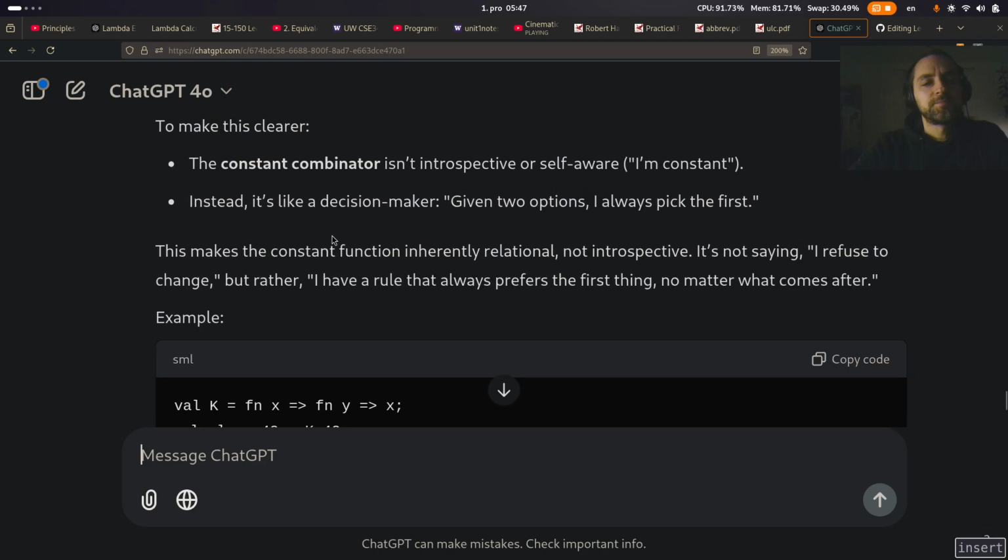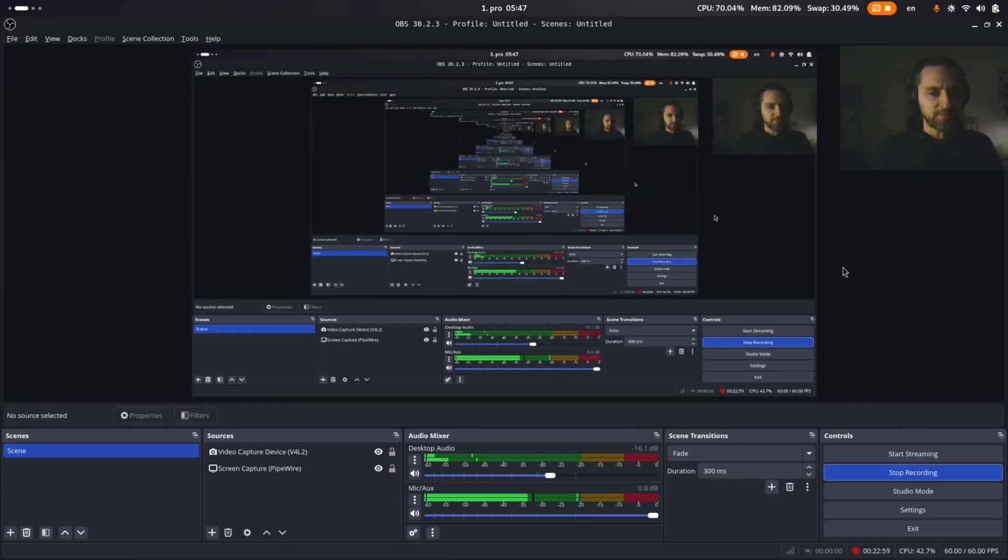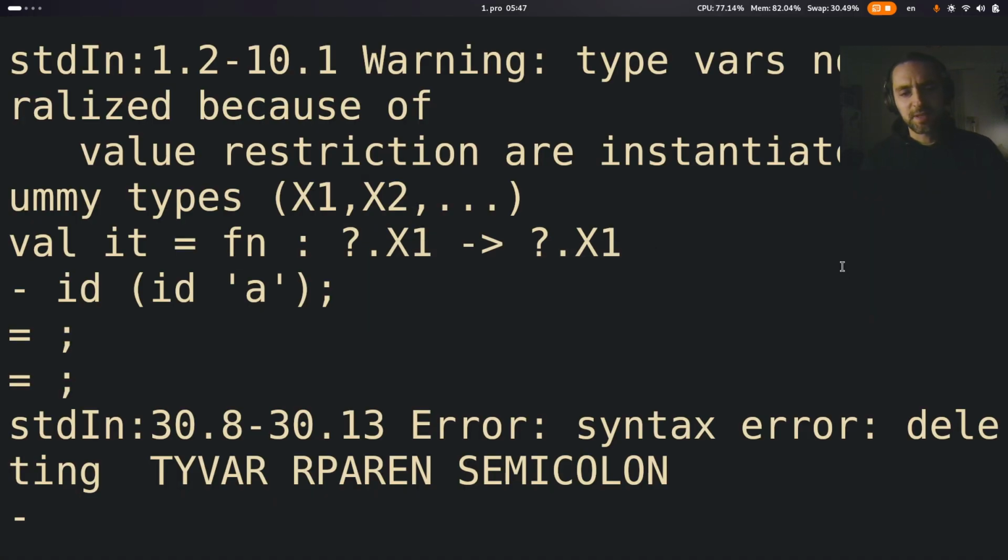Yes. This makes the constant function inherently relational, not introspective. It's not saying I refuse to change, but rather I have a rule that always prefers the first thing, no matter what comes after.